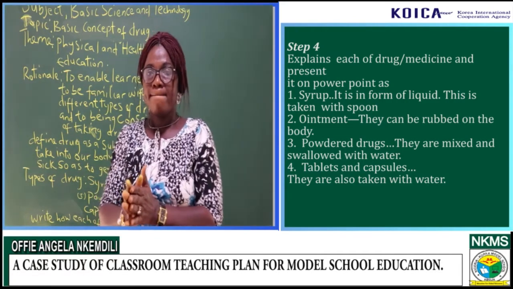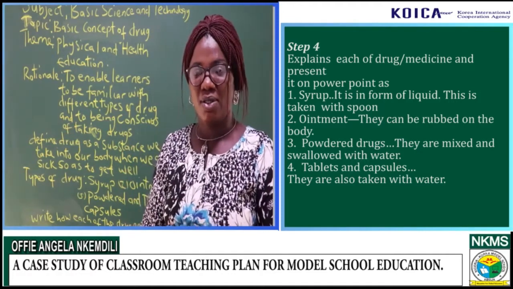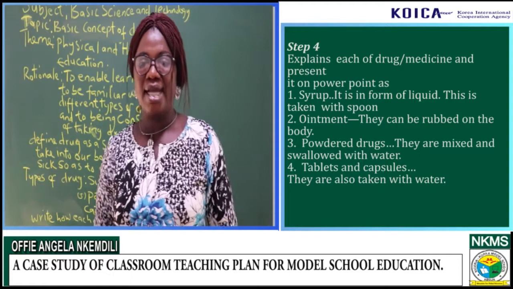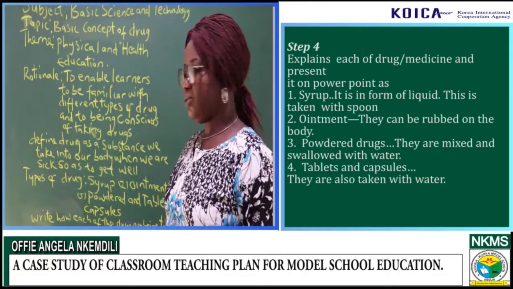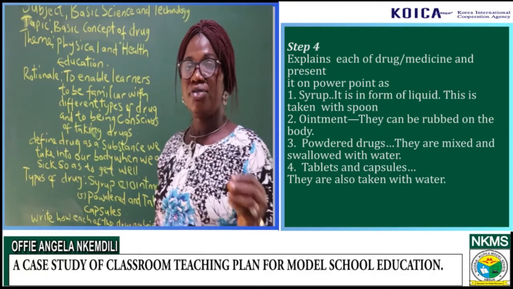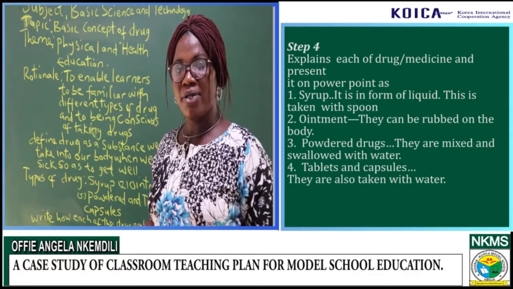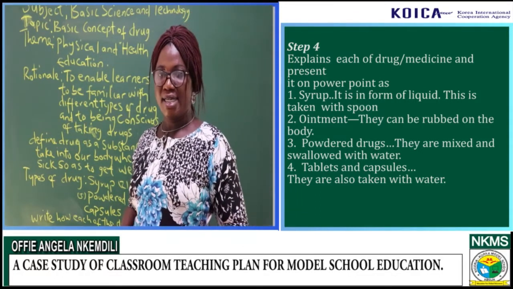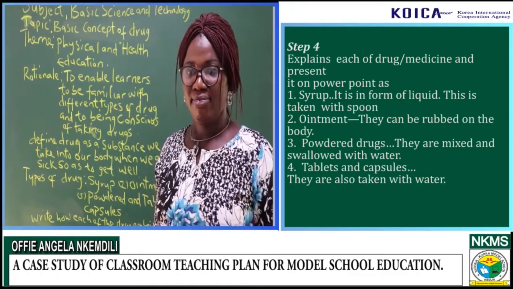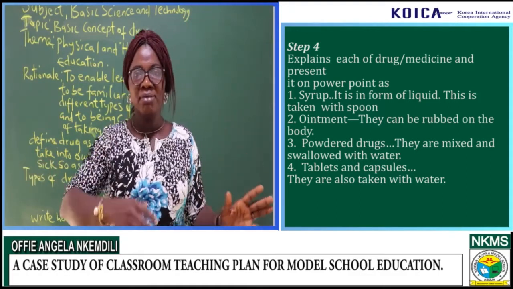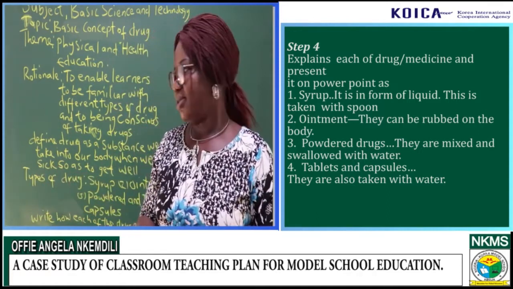I want you to ask me a question, the area that you didn't understand. Let me explain more. Okay, drug. Drug is a substance we take into our body when we are sick so as to get well. Okay, the difference between the ointment and the syrup. Good.